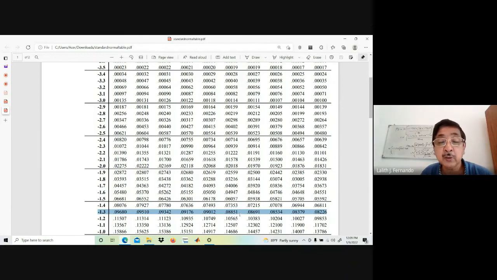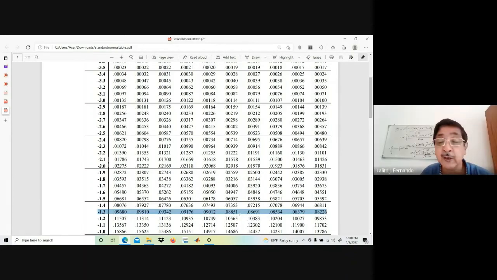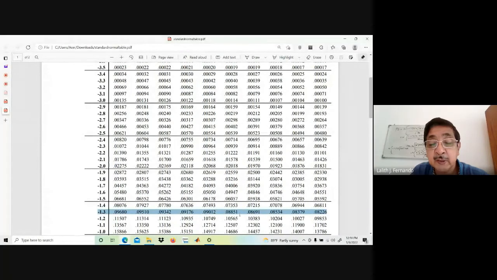So what we do is, we just see the difference between 0.09012 minus 0.08851. That comes to 0.00161, right? But our difference is only 0.00012.